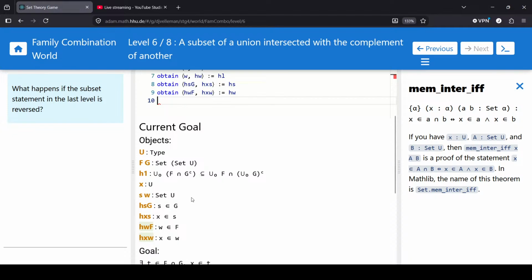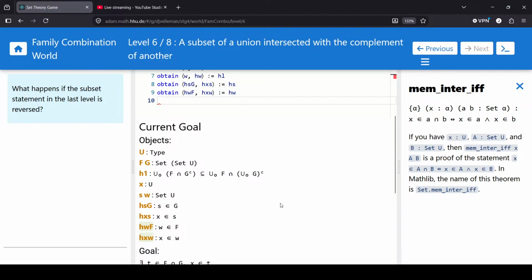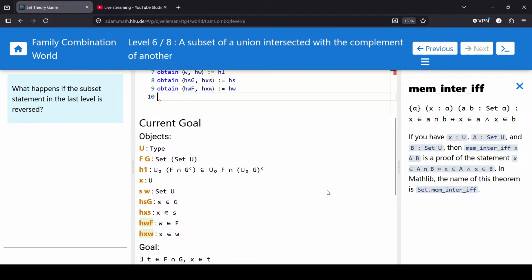Also, S and W are different. W is in F. S is in G. X is in both. But W is a different set from S. So I can't even apply mem inter if to fuse them together.